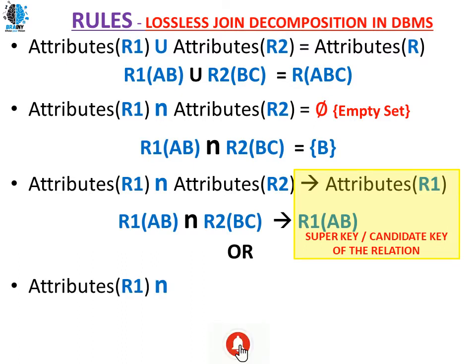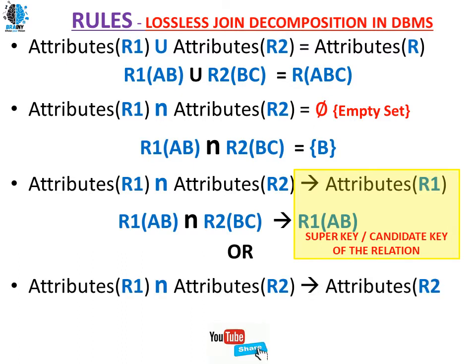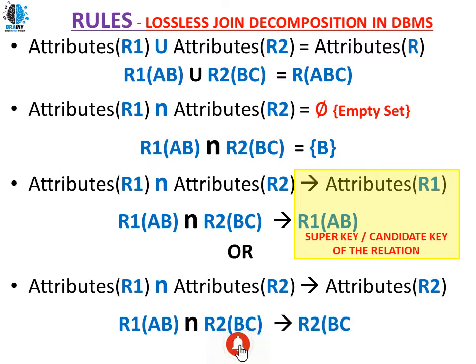In the same way, if I take the intersection with the attributes of R2, it should derive the attributes of R2, right? So in the first one, either it should derive the attributes of R1 or R2. Here R1 has attributes AB and R2 has attributes BC. So here the R2 attributes are BC, and it is deriving the BC attributes.